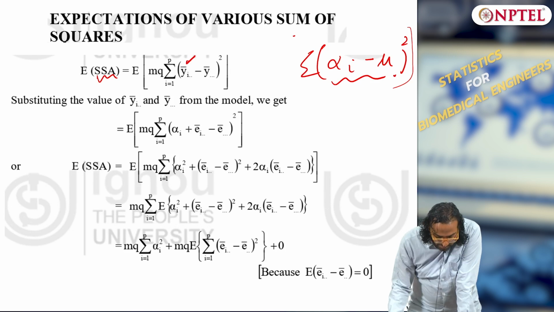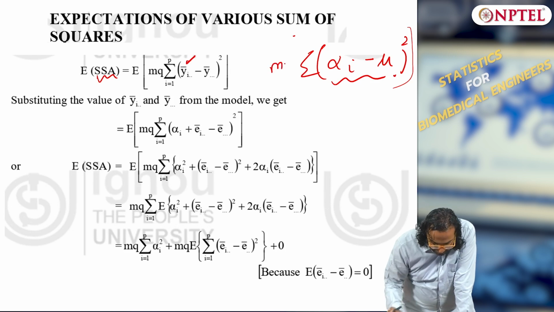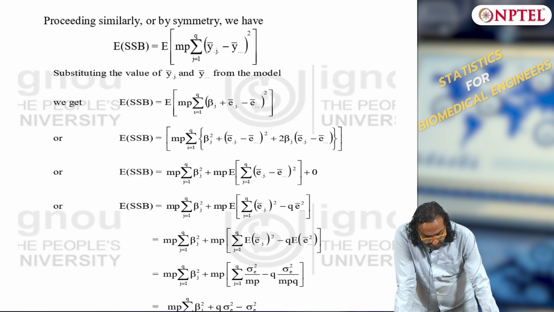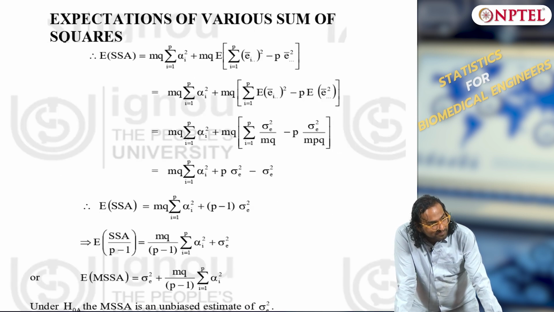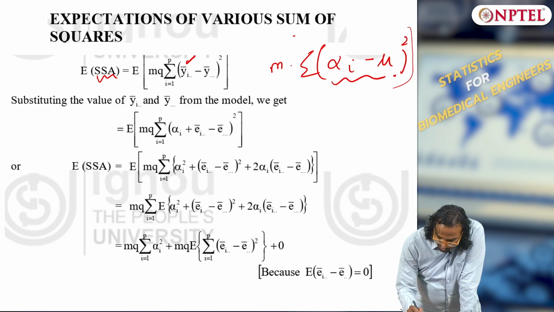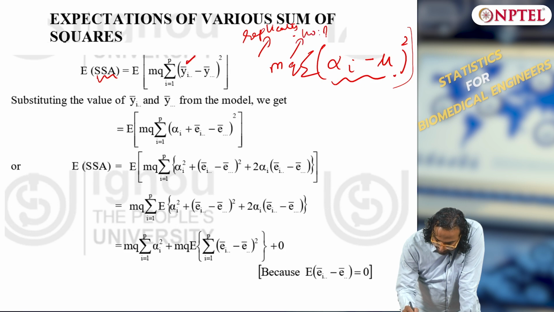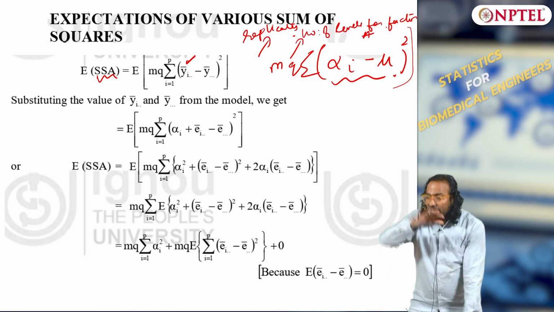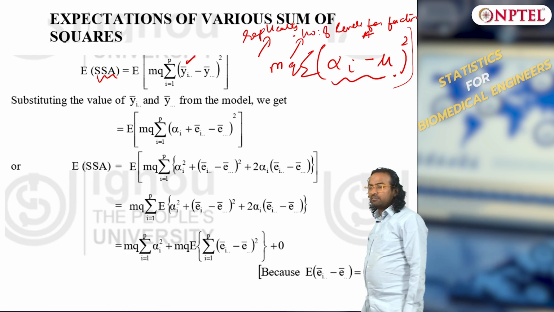M is replicates and Q is... So M is the replicates and Q is the number of levels for factor B, that many times it should be there, right?